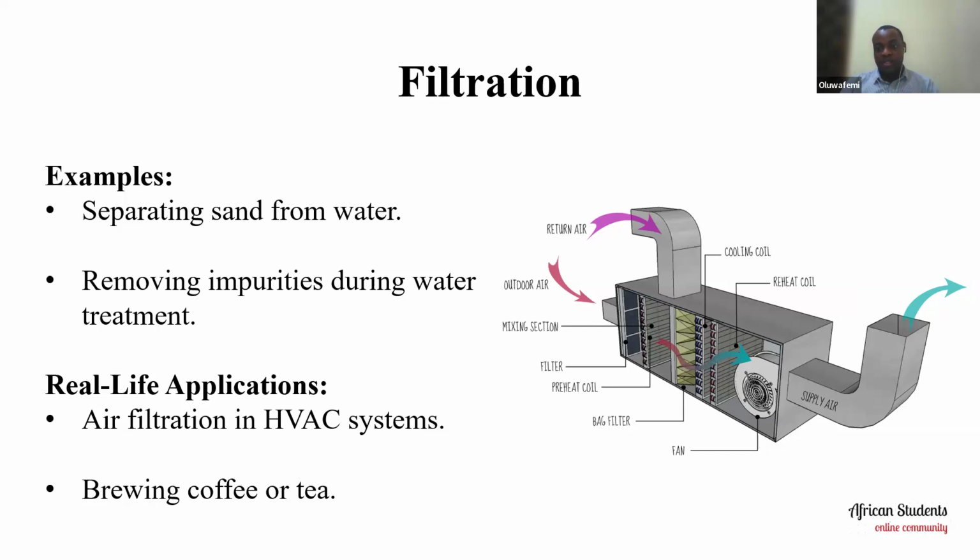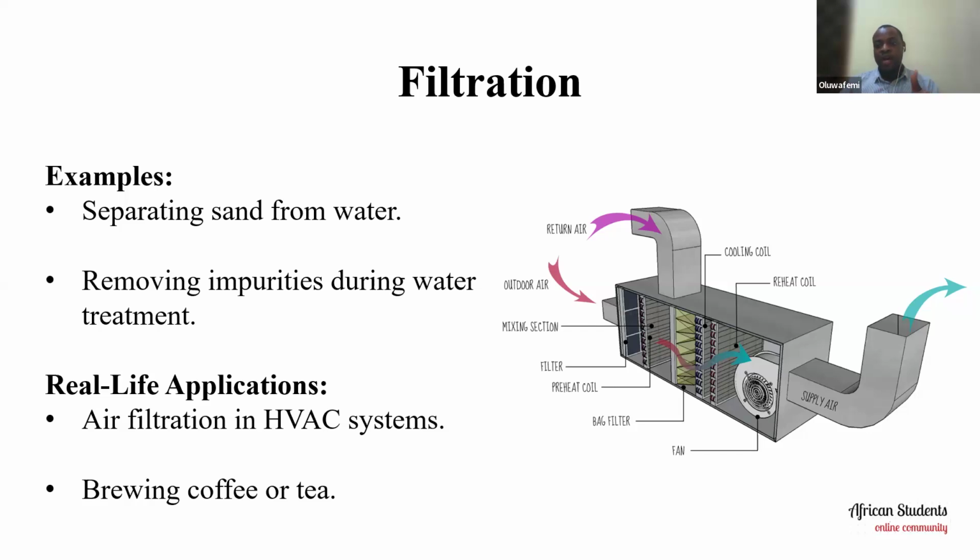What you see is air that is being supplied. It goes into the HVAC system, and when it goes in, there's always a fan that is blowing. Then you see a bag filter, it filters the air, and then it goes through the preheat coil. It also goes through filtering there, and it goes on like that.